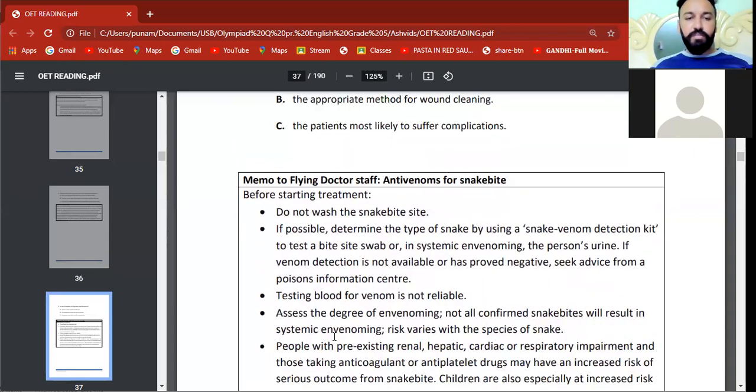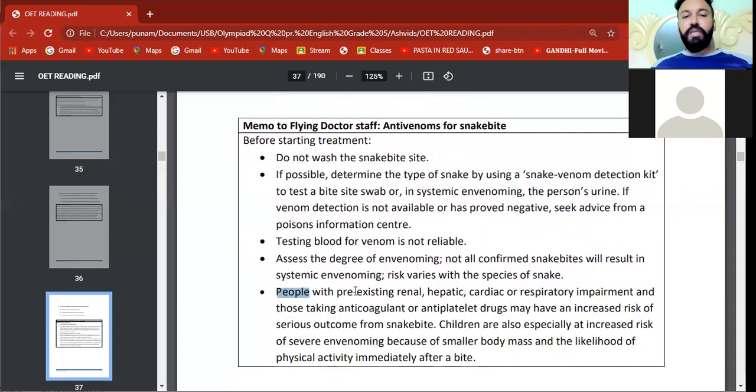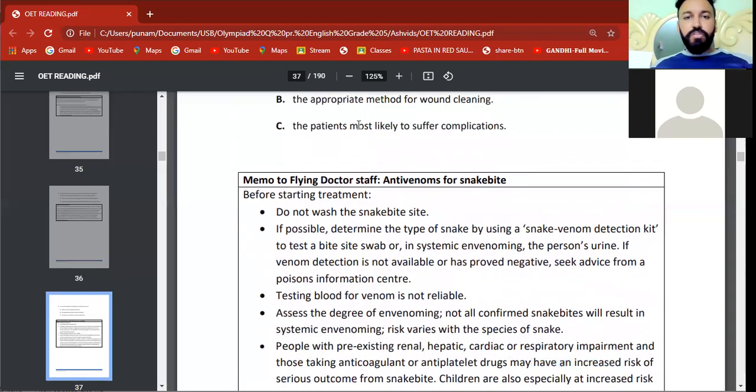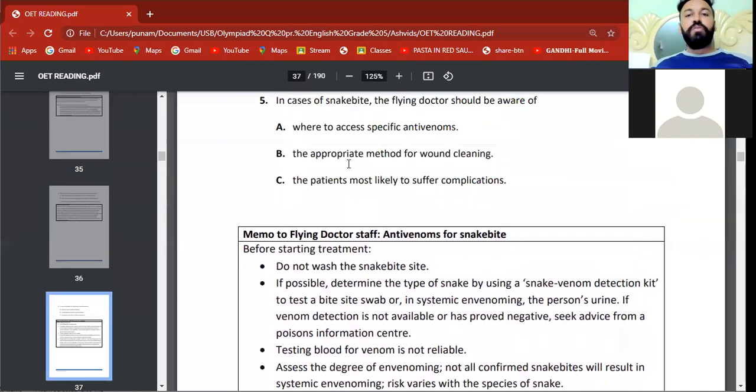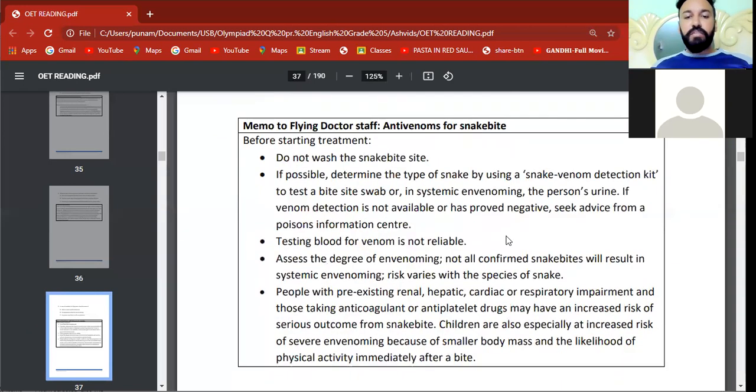Most likely is a synonym of increased risk. So there you go, we're becoming closer to the answer. Let's ensure that this is the answer.